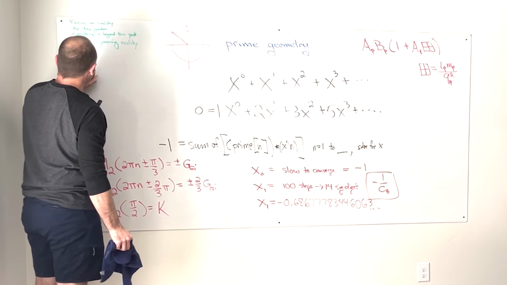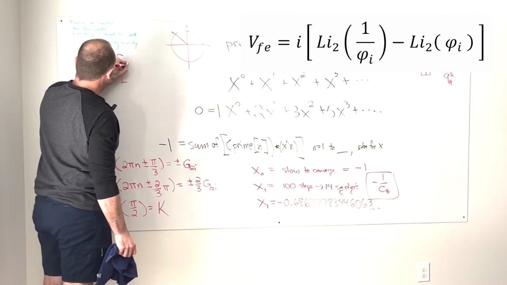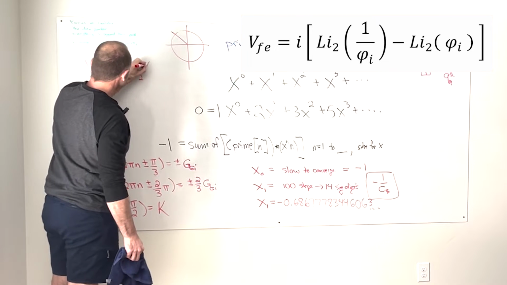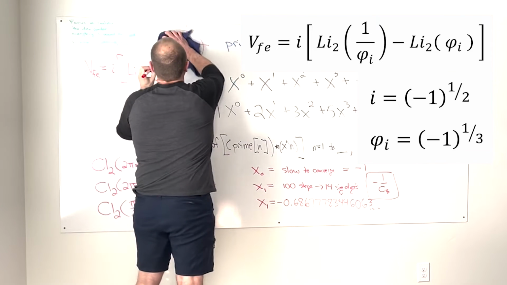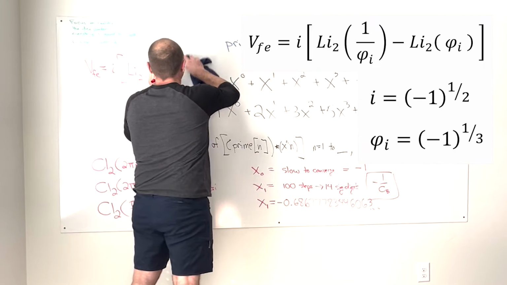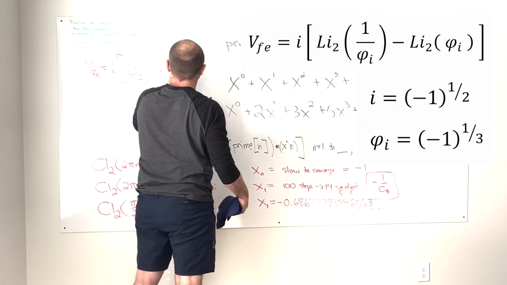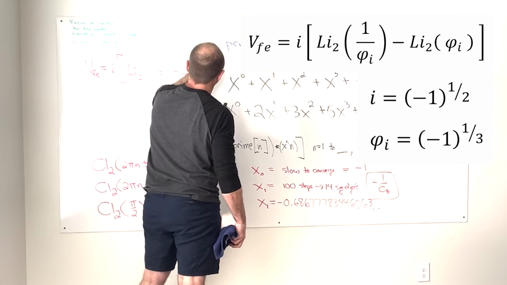The hyperbolic figure 8 knot equation equals i times the dilogarithm of 1 over the imaginary golden ratio, minus the dilogarithm of the imaginary golden ratio.